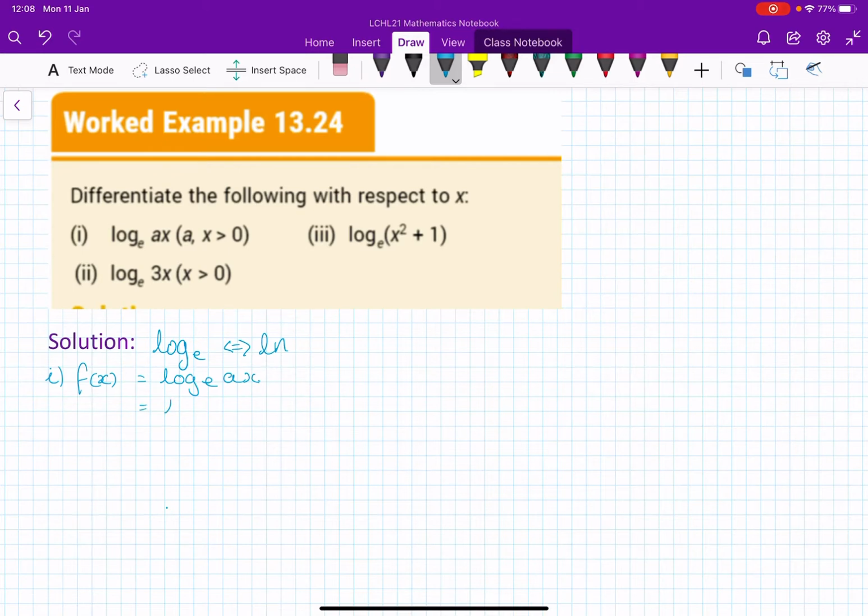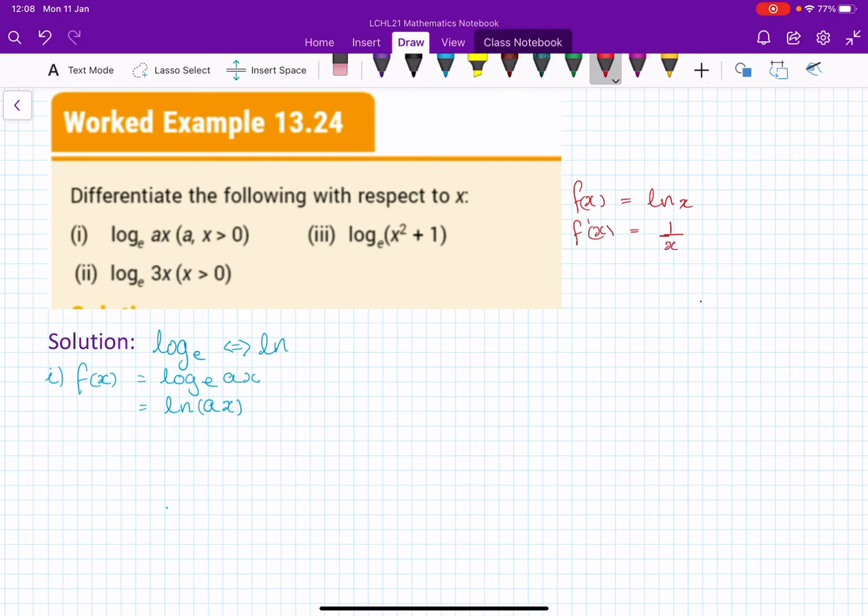That's actually ln ax. Now, the rule that we saw to use before was that if f of x is equal to ln of x, then f prime of x is equal to 1 over x.